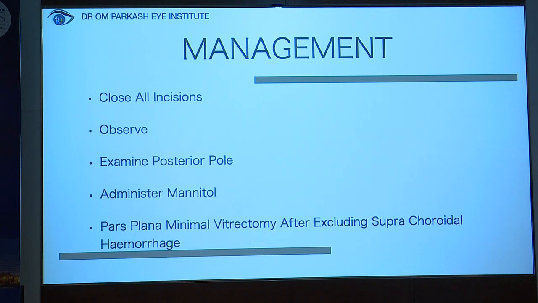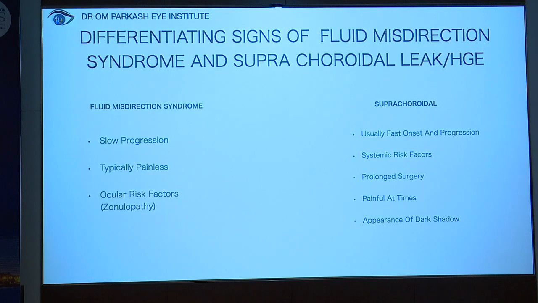And then you have to decide whether to use mannitol or do a pars plana minimal vitrectomy, definitely after excluding suprachoroidal hemorrhage. So we should know the differentiating signs of fluid misdirection syndrome and suprachoroidal leak or hemorrhage. If it is fluid misdirection syndrome, it has a slow progression. It is typically painless.